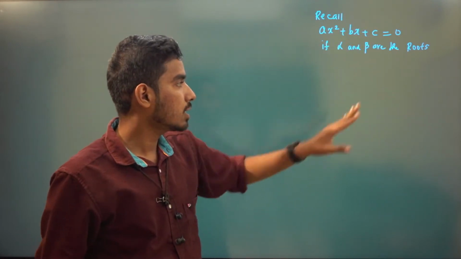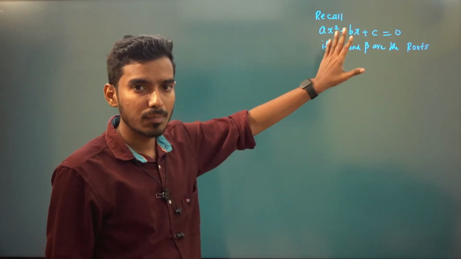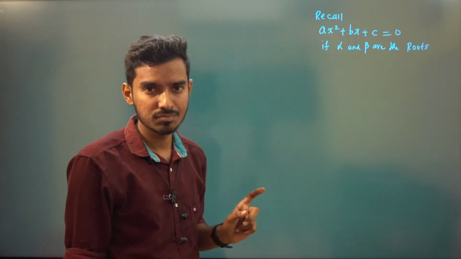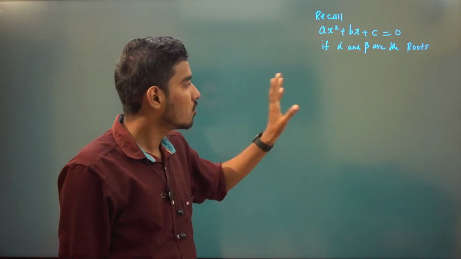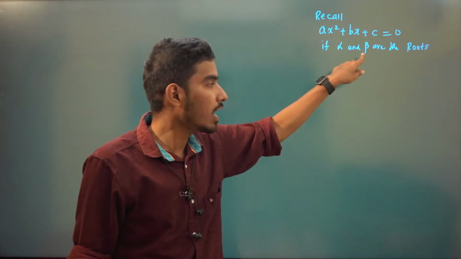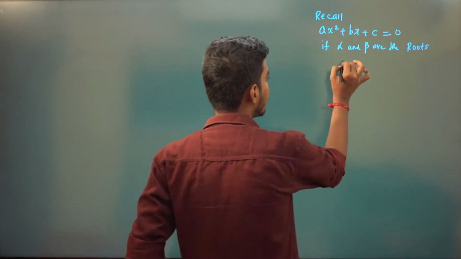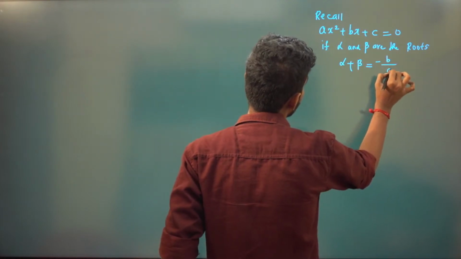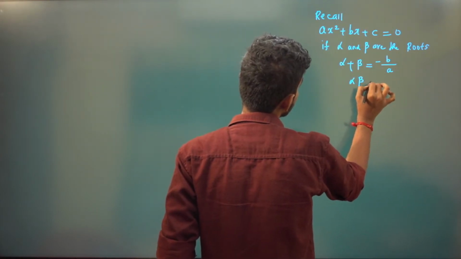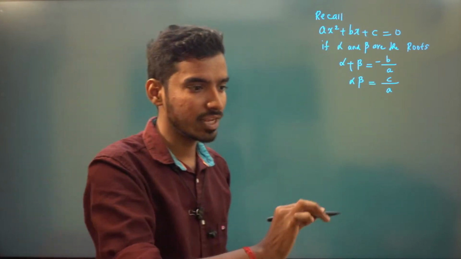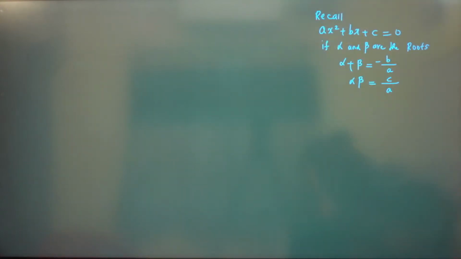If alpha and beta are the roots, you would have come across the relation between the roots and coefficients, 9th standard level maths. What is the relation between the coefficients a, b, c and roots? Sum of roots will be equal to minus b by a. Product of roots is equal to c by a. Can you recall this which you have studied at school level?